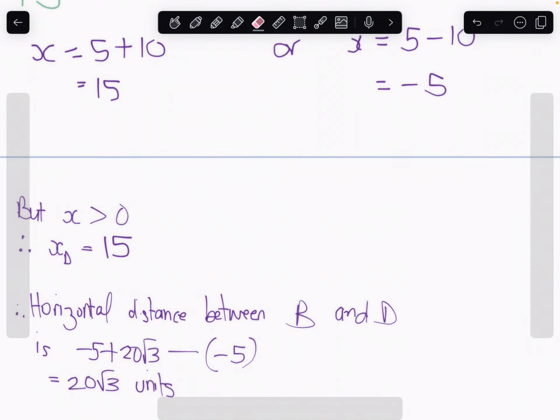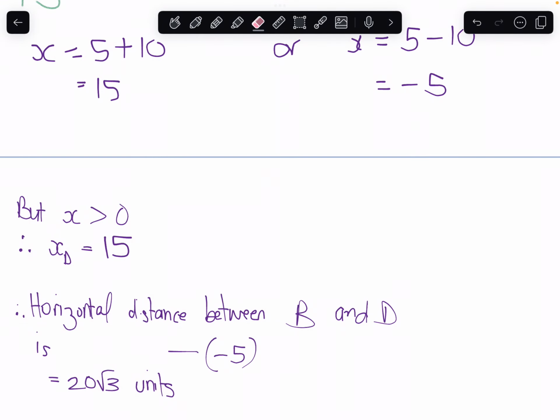And so the horizontal distance between B and D would be 15 minus 5, the difference between 15 and minus 5, which is actually just a nice and cute 20 units. Well, and we're working in meters, so it's not units, it's meters.